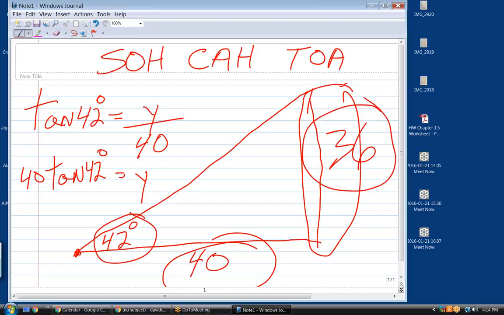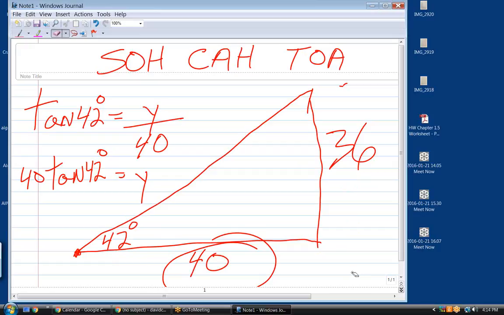And it is. It's always a good idea on these problems to have a ballpark idea as to what the answer should be. The reason is that if your calculator was accidentally in radian mode, it's liable to give you an answer of 135. And you'd instantly look at that and say, well, that doesn't make any sense that it's that tall. I must have been in radian mode instead of degree mode. Okay.